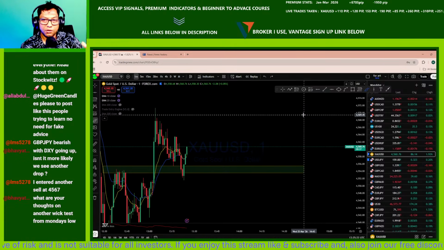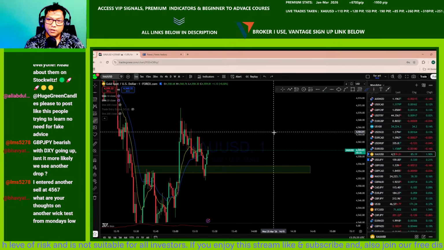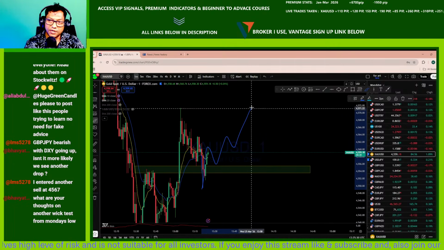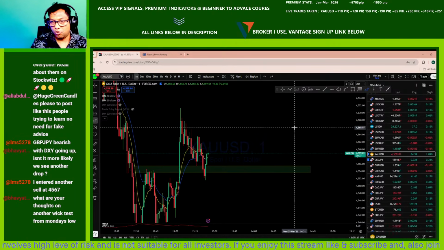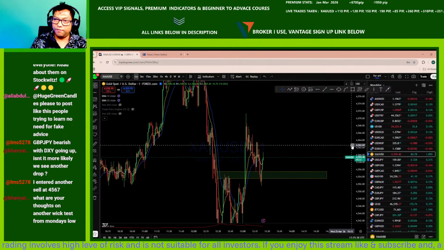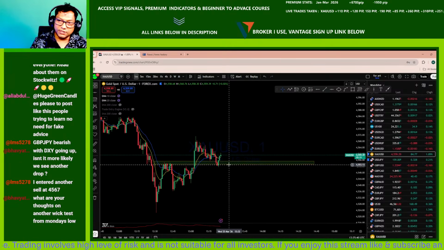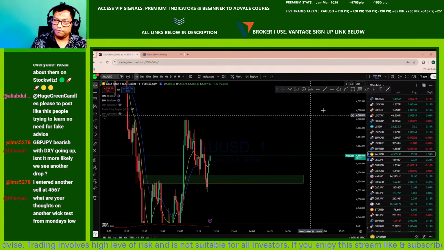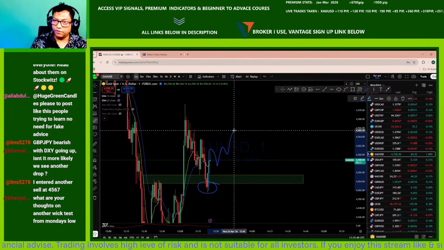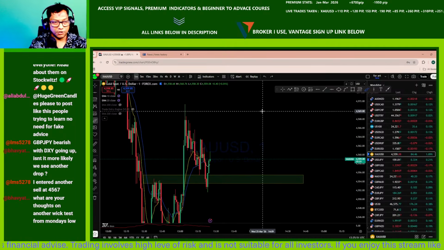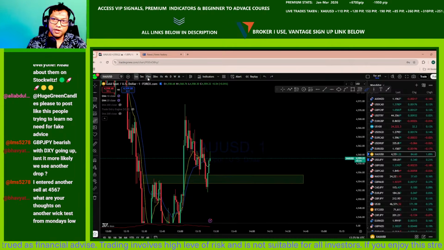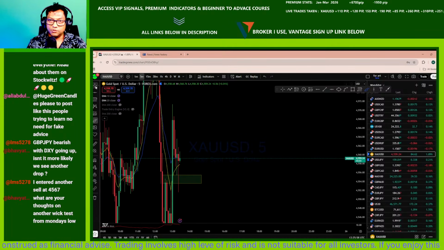Therefore, because there is a false breakout, we may see the market eventually cross this high here, and because there is a false breakout in that direction, we could see the market eventually break above. What do you think here? Do you think we can go for a long in that area? Guys, what's your bias?